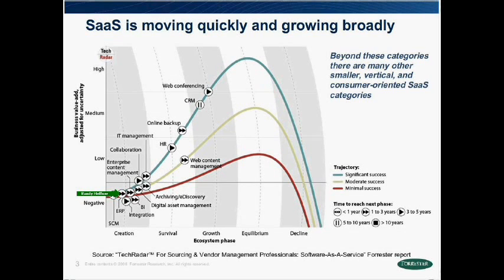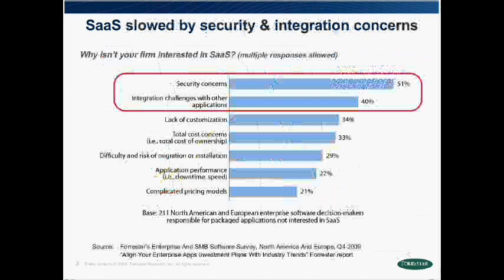Well, for those that are not yet making plans for adopting SaaS, why not? Well, the top two concerns are security and integration. Security: if my data's out at this provider, somewhere out on the internet, am I comfortable with that? Am I comfortable moving data back and forth?